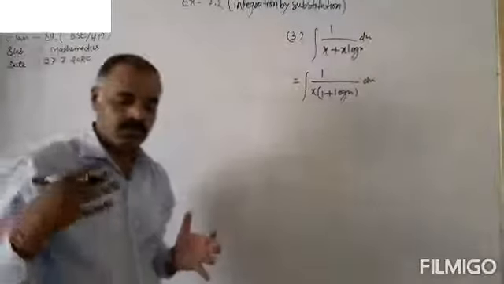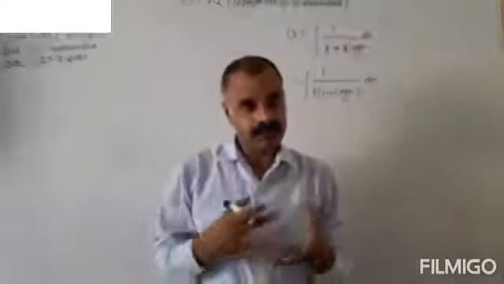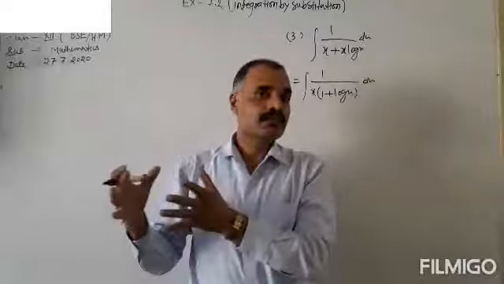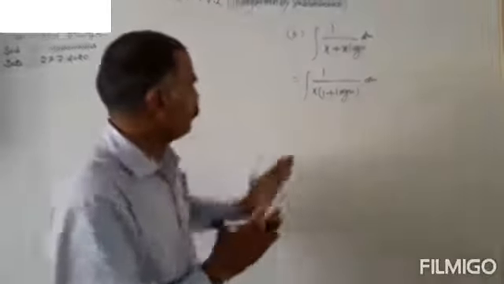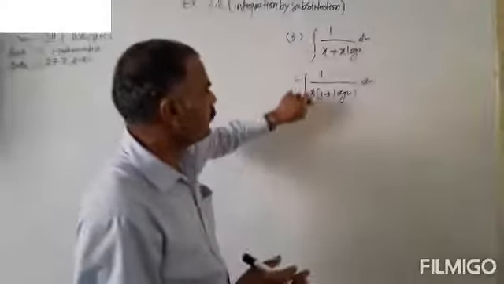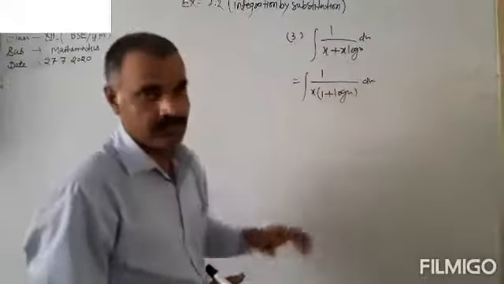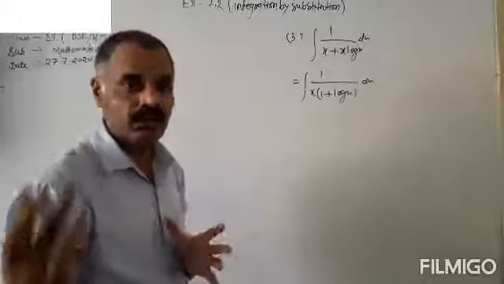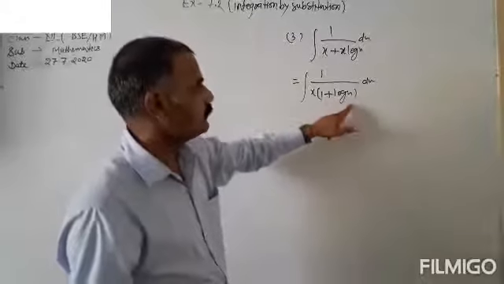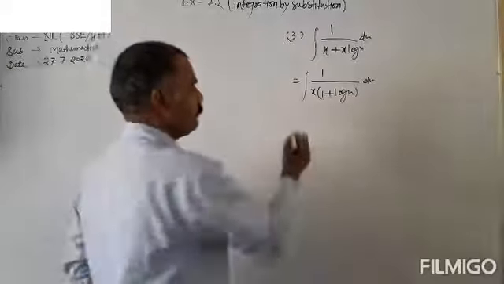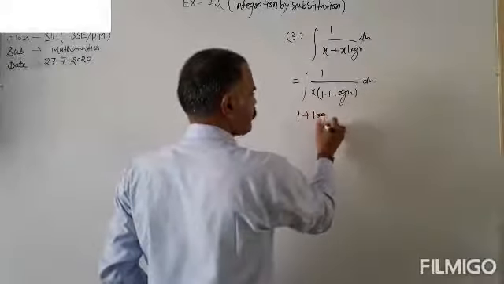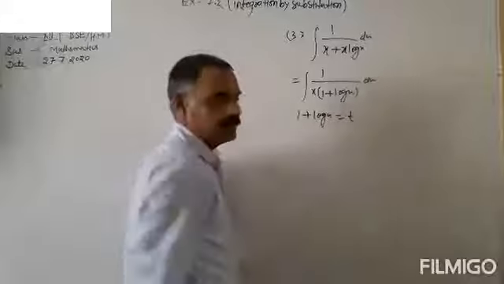Now you have to recognize which one is the function and which one is its derivative. There are two functions, 1 upon x and 1 upon 1 plus log x. We can recognize that the differentiation of 1 plus log x is 1 upon x. So 1 plus log x is the function, equal to t.